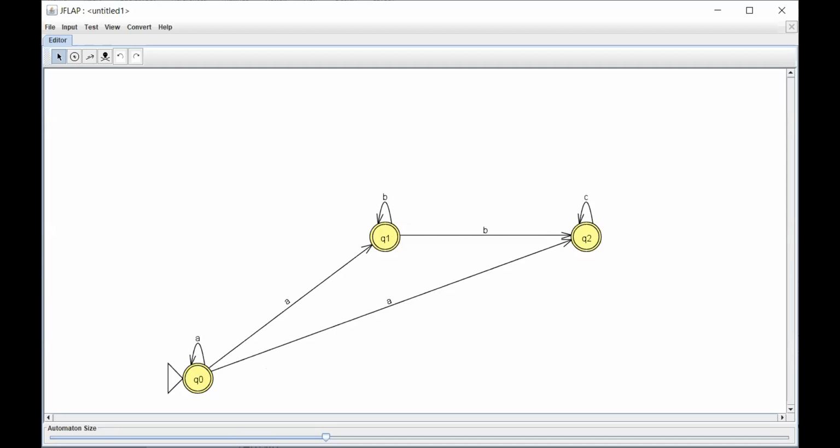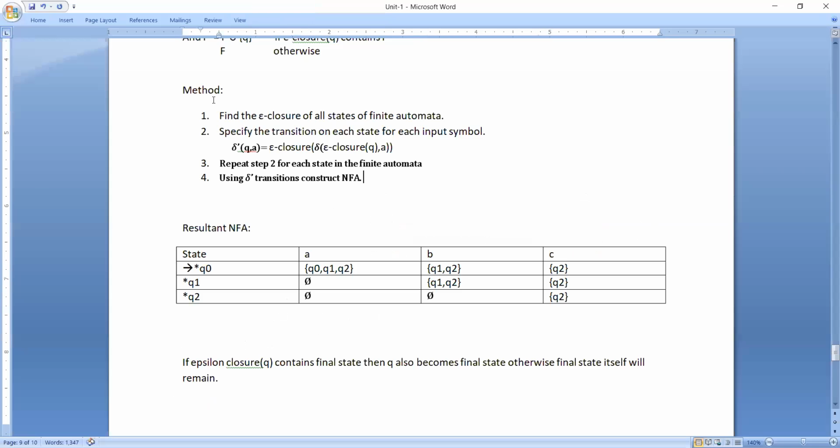Understood? So for that, please try to understand. These are the 4 steps which we have to remember. The first step is we need to identify the epsilon closure of all the states which are available in our NFA epsilon. Then for each and every state and input symbol combination, we need to identify the transitions.